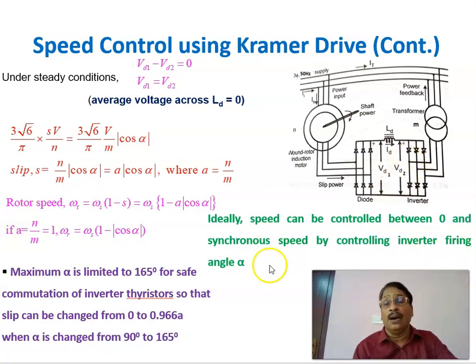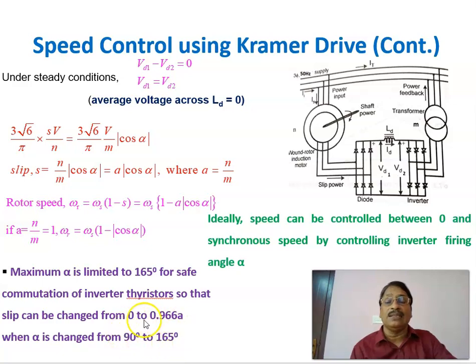firing angle alpha. But in practical case, the maximum value of alpha is limited to 165 degree for safe commutation of the inverter. That's a line commutated inverter. For the safe commutation, alpha is made equal to 165 degree, so that the slip can be changed from 0 to 0.966 A, when alpha is changed from 90 degree to 165 degree.